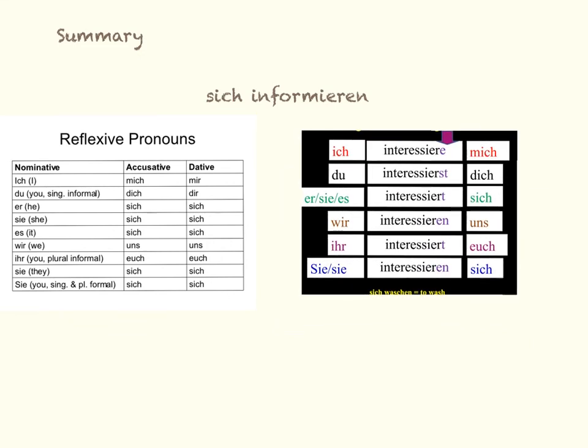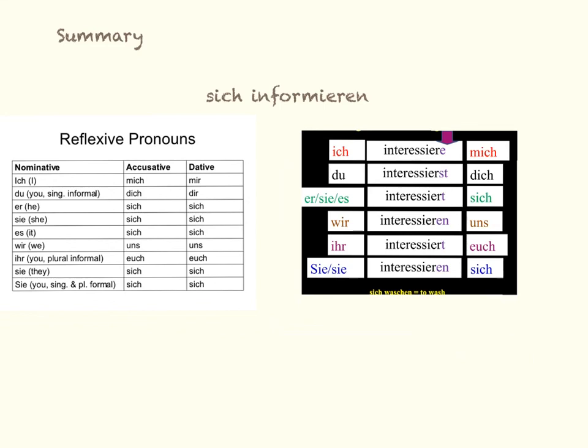You just have to learn which reflexive pronouns go with which pronouns. Okay, let's take sich informieren, and you want to say he informs himself. You look at the ending, er informiert sich. So you take it down to its stem, remove the en at the end, and you add the correct ending.